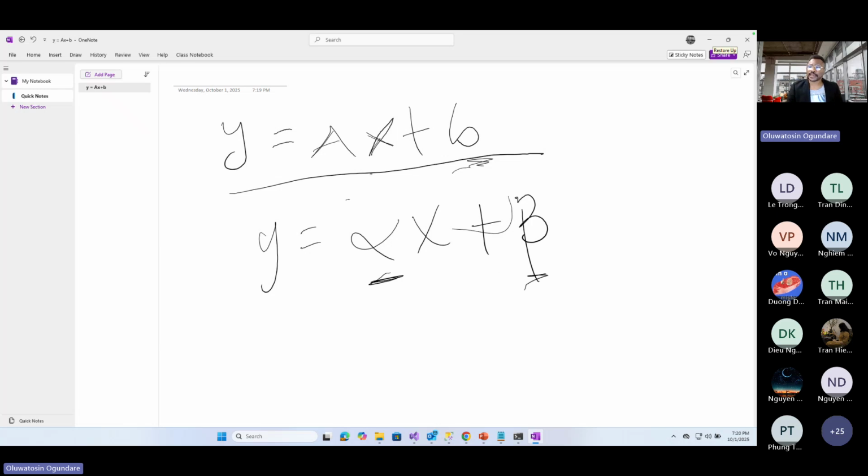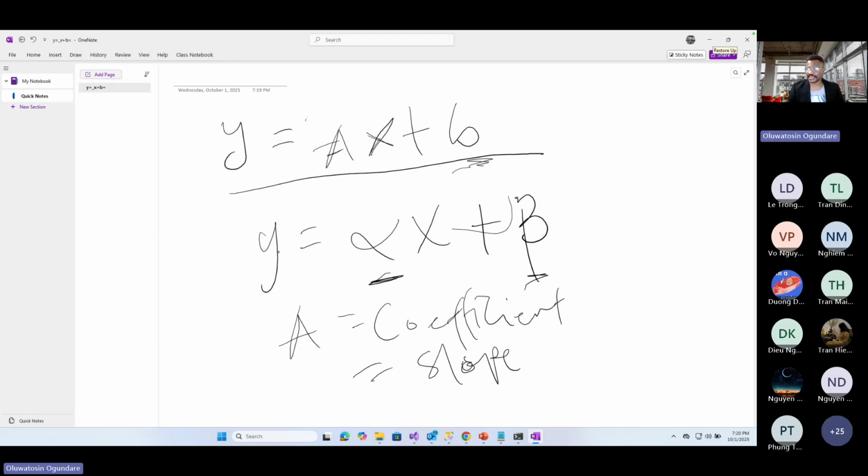Okay, so in the equation of the line, we know what is A. What does it mean geometrically? It's the coefficient, but what does it mean geometrically? The slope of the line. The slope, right? It is equal to the slope.